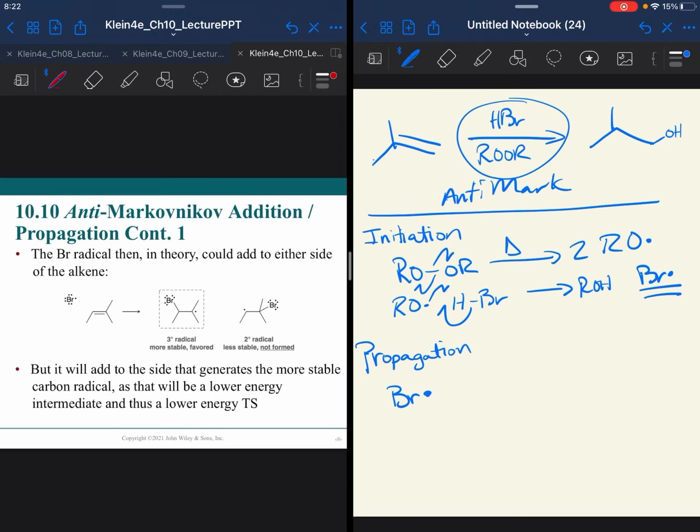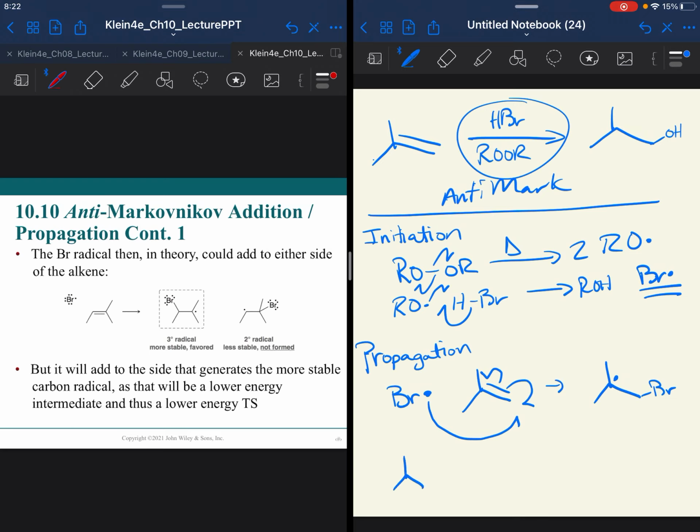So you have your little bromine radical and you have your double bond. And the bromine goes to the less substituted side because in that first propagation step, it leaves the most stable radical. It puts the radical on the more substituted position, right?